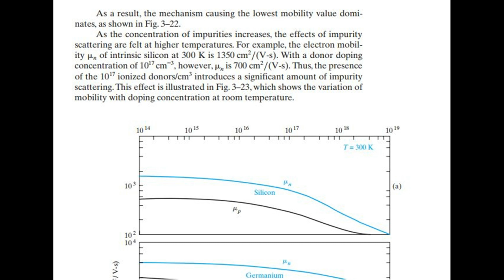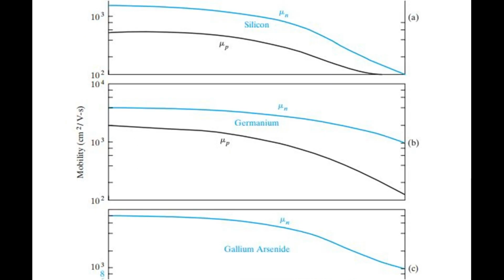This effect is illustrated in Fig 3-23, which shows the variation of mobility with doping concentration at room temperature. Figure 3-23. Variation of mobility with total doping impurity concentration, acceptors plus donors, for germanium, silicon, and gallium arsenide at 300 K.